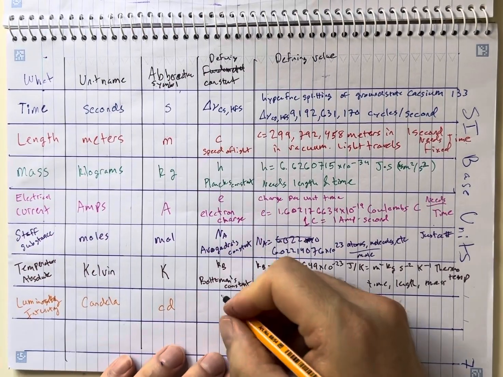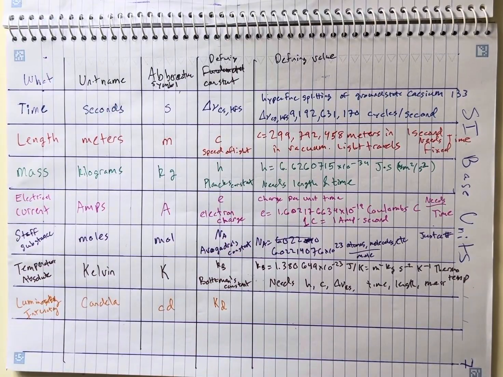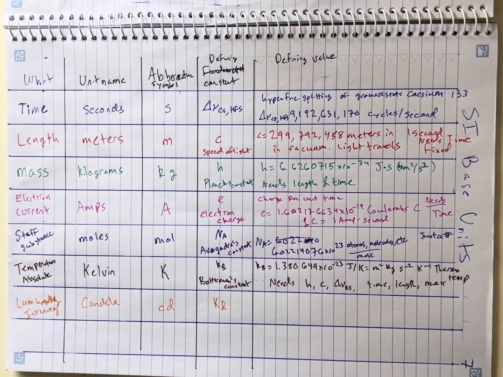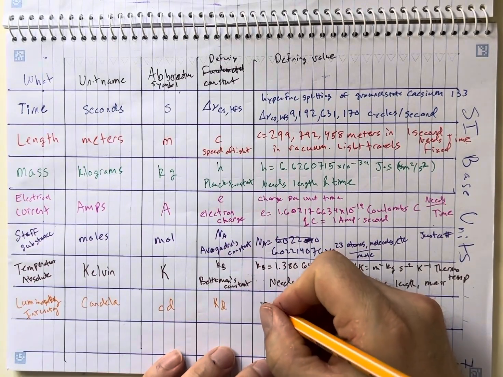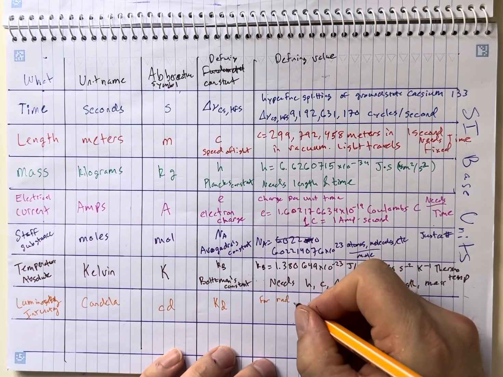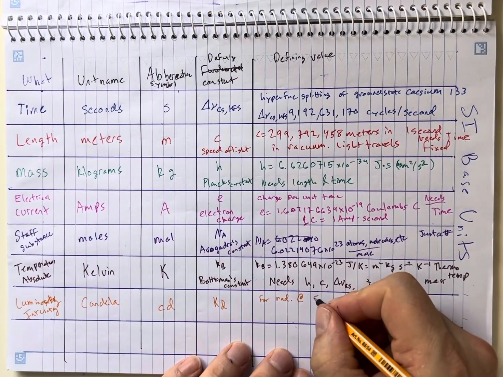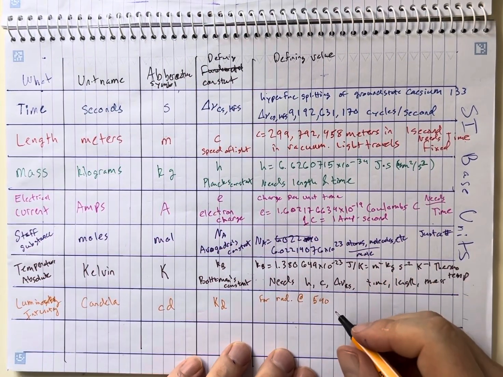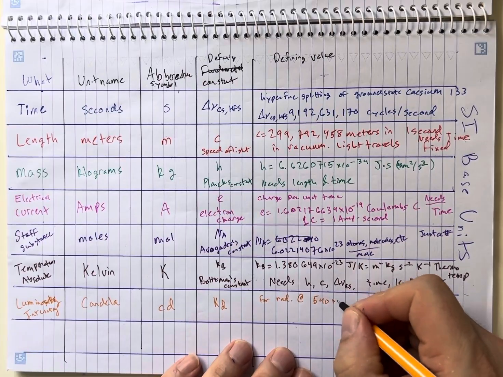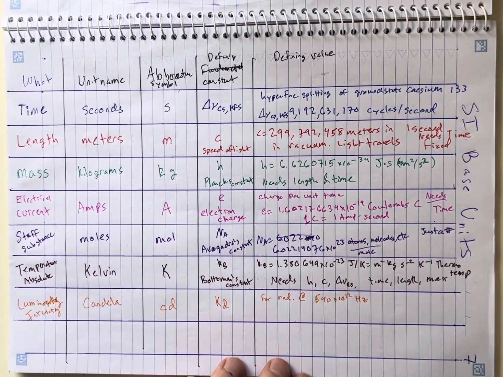Okay, and it is defined by Kcd for radiation at 540 times 10 to the 12 hertz. I'm going to guess that's green, but I need to look up.